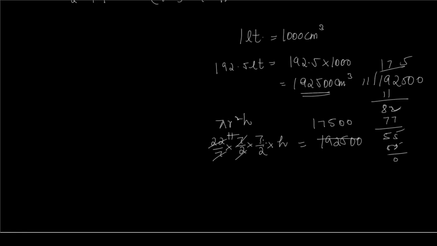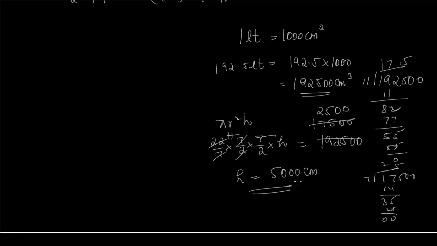So this 7 and this 17500, can they get cancelled? 7 twos are 14, and then 7 fives are 35. Yes, they can get cancelled. So 2500, and then h goes here, so h will be 2500 into 2, which is 5000 centimeters.